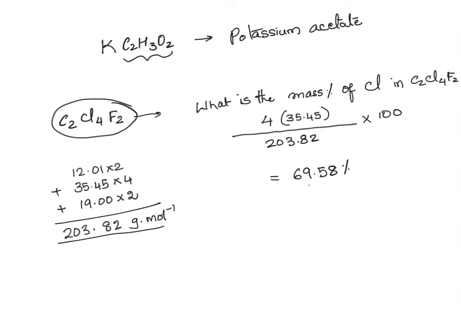So mass percent of chlorine in this compound is 69.58%. So these are the simple problems that you will come across in this chapter. In the next video, I will talk about some of the larger calculation based problems that you will see in this chapter.